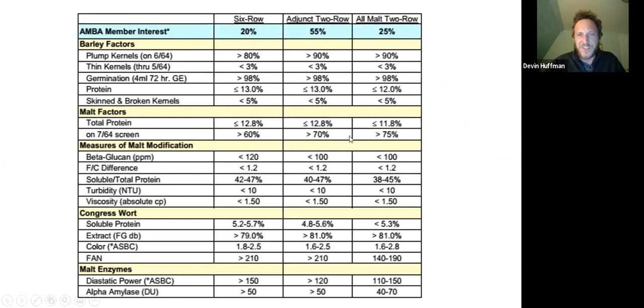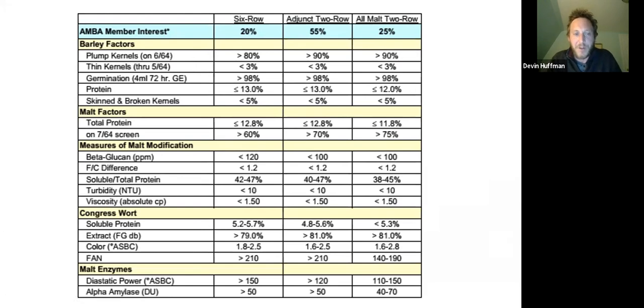Some of these differences look pretty insignificant, but in the brew house they can be pretty important. Like total soluble protein acceptable up to 47%, and the low end for all malt acceptability being 38. Those are dramatically different malts.